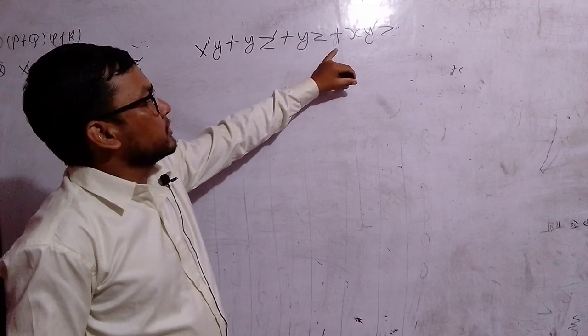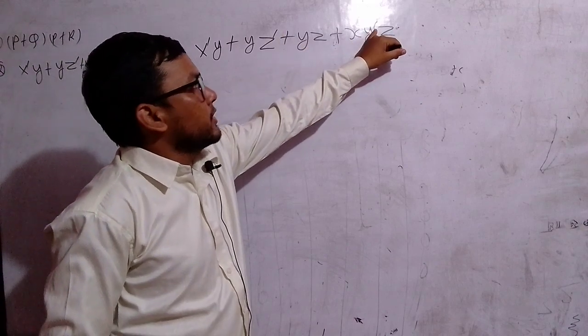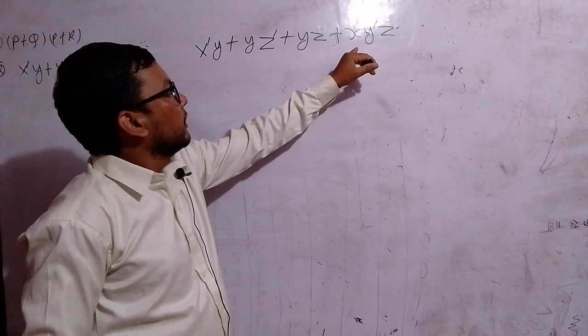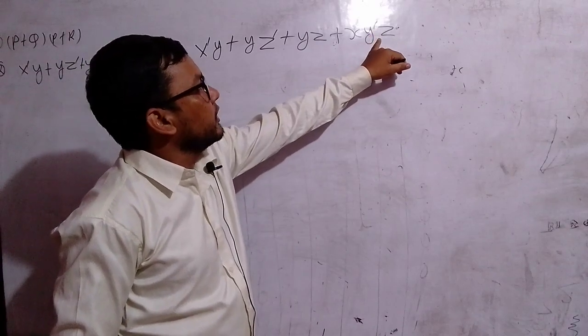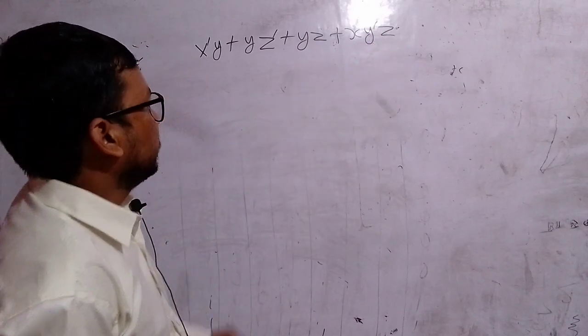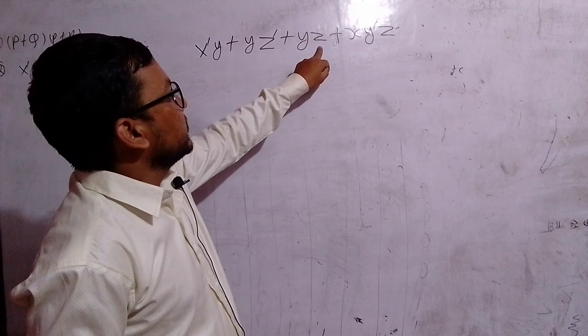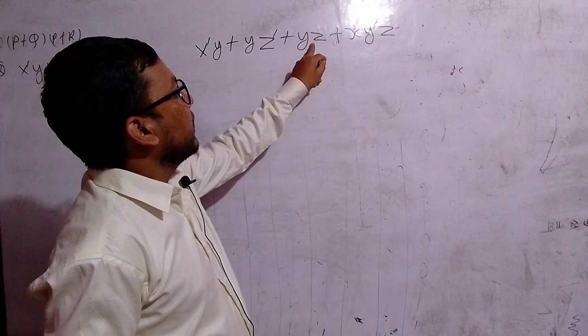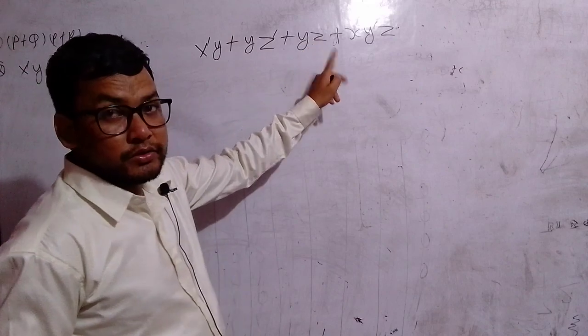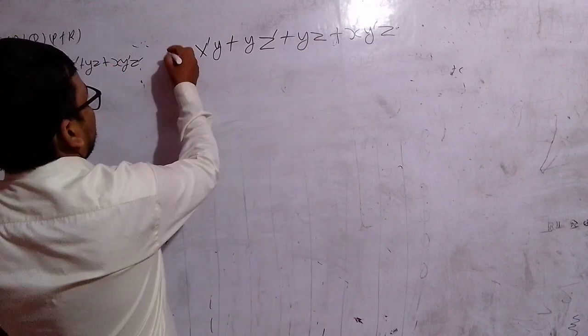In Boolean expressions, plus represents the OR operation, complement represents the NOT operation, and no operator represents the dot, product, AND operation. When YZ is given, that means the AND operation between Y and Z. We need to understand it this way.